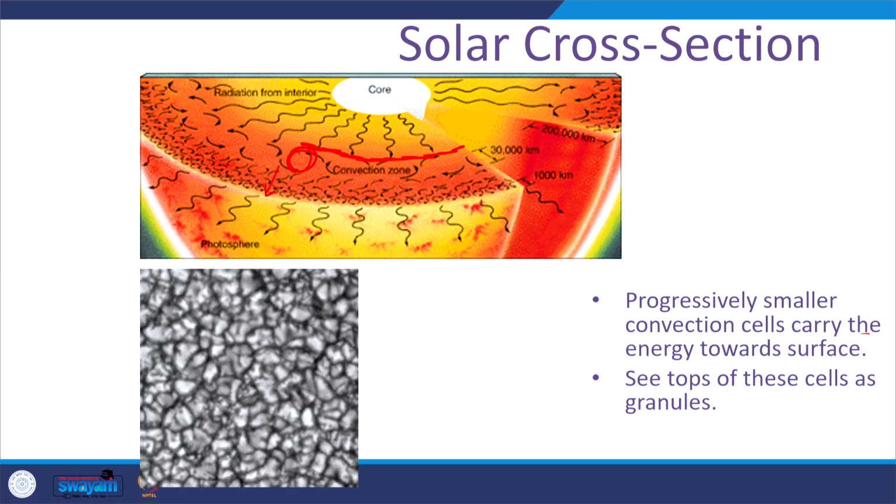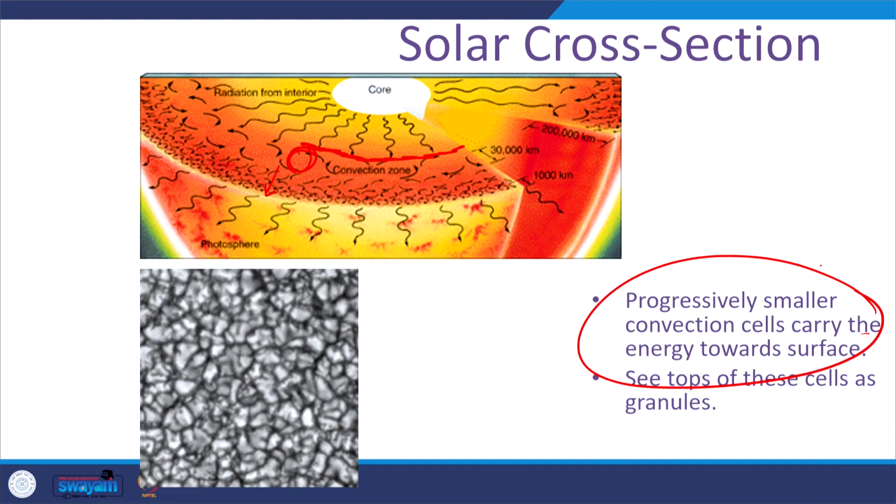So the immediate convection cell layer sitting above will receive a fraction of the energy that was given to the first layer of convection cells. And it goes on like that. As a result, the sizes of the convection cells become increasingly smaller as you move away from the center.